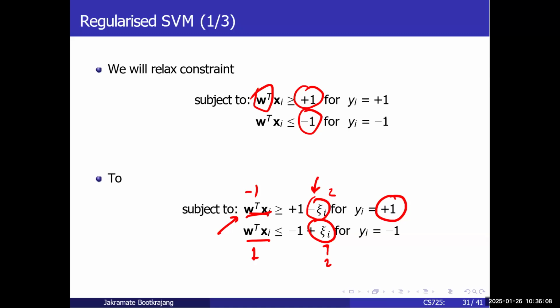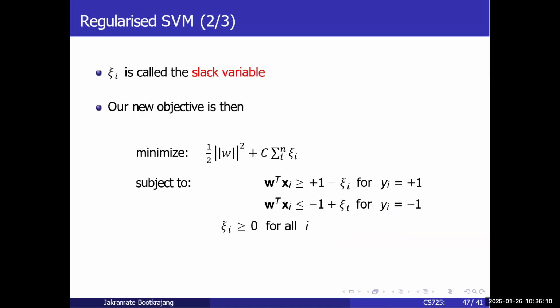And this variable is called a slack variable. Basically, it's a variable that allows some breathing room when you make a prediction. And so the objective function changes, right?